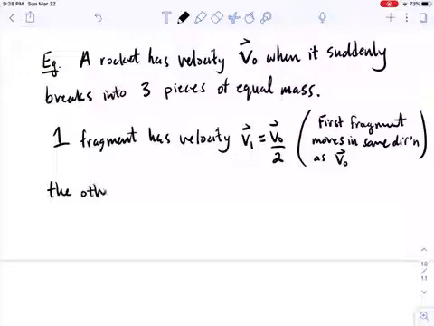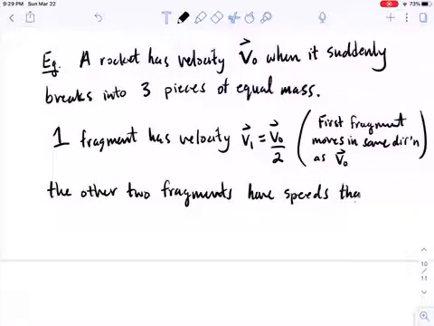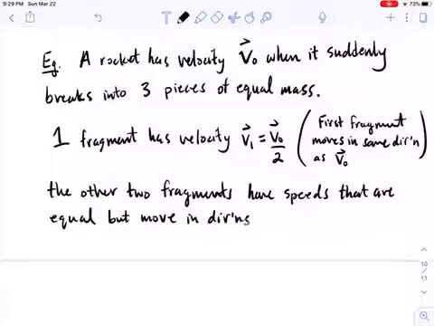Okay, the other 2 fragments have speeds that are equal. So speeds, it said, so that's nothing to do with directions, but they move in directions that are perpendicular to one another.